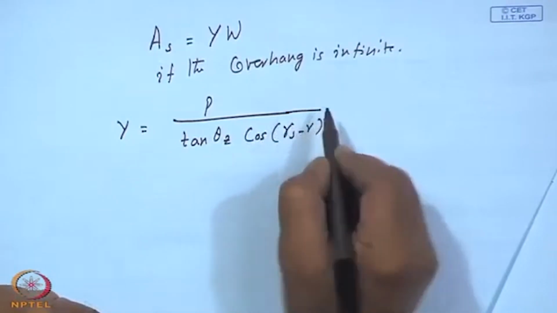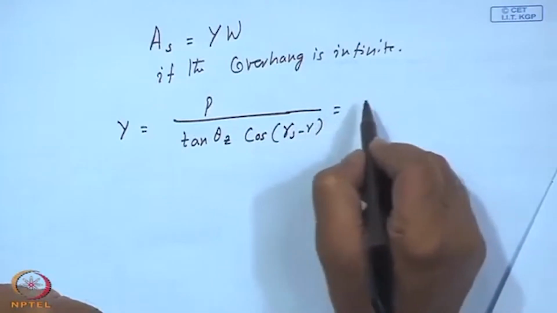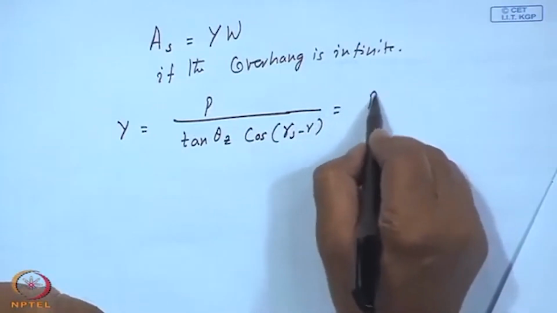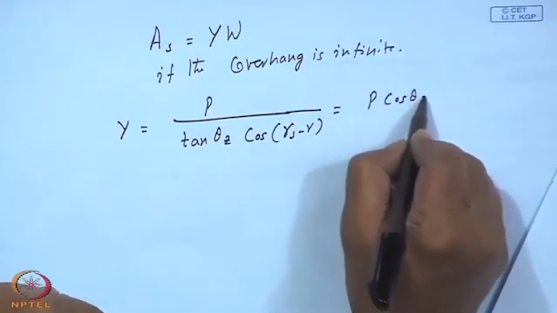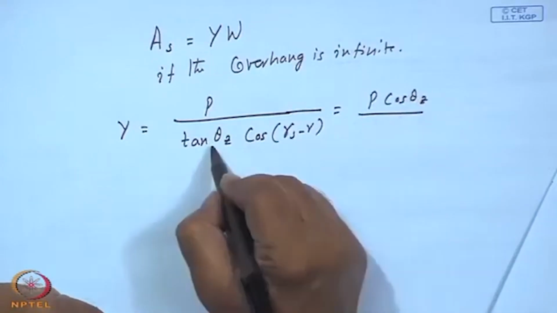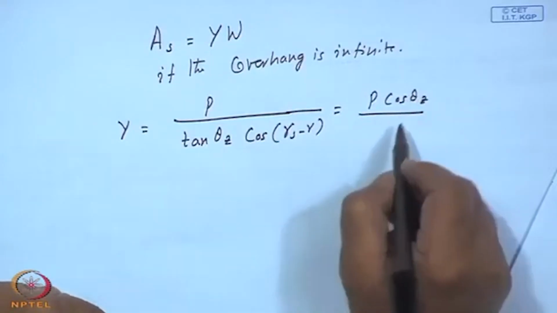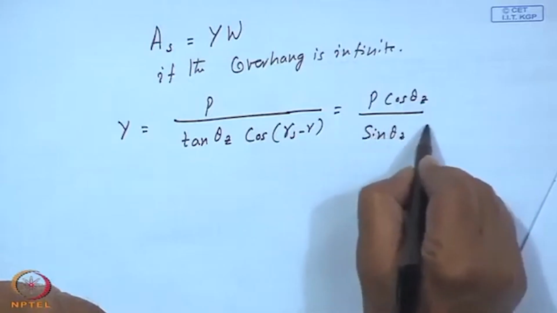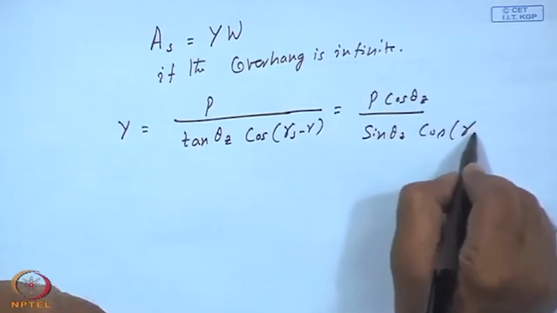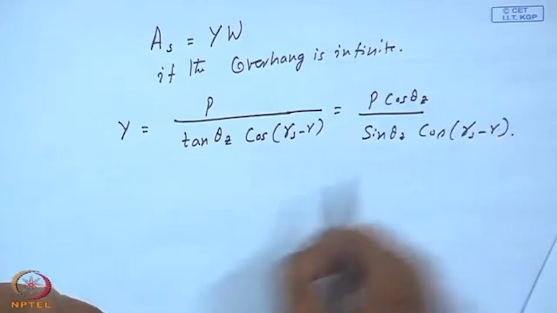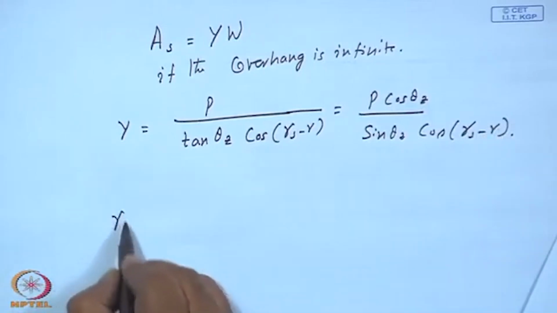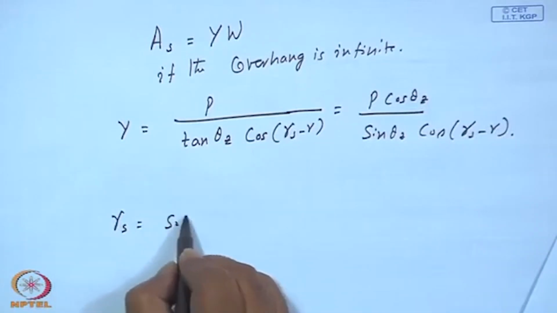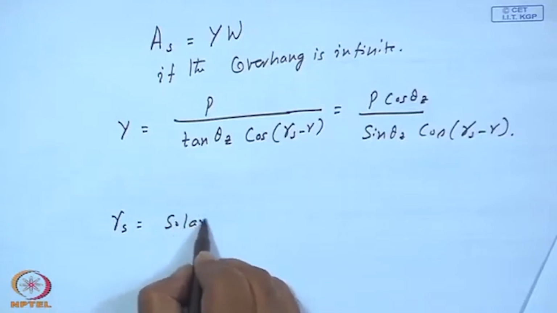I shall explain, which you can easily figure out from the trigonometry: P cos theta z, because this is sin theta z by cos theta z, it goes up. So this is your sin theta z into cos gamma s minus gamma, where gamma s is the solar azimuthal angle.